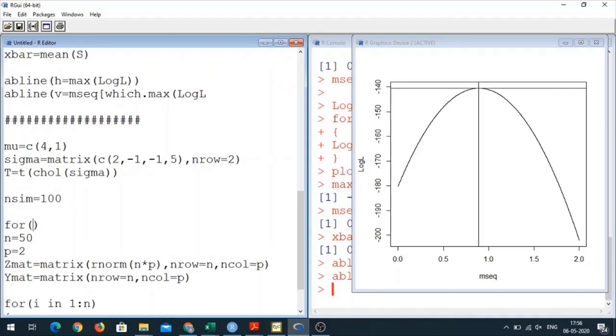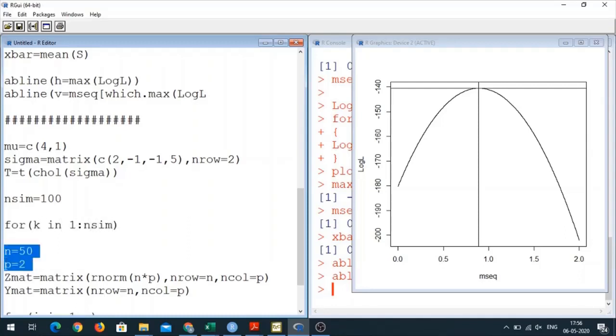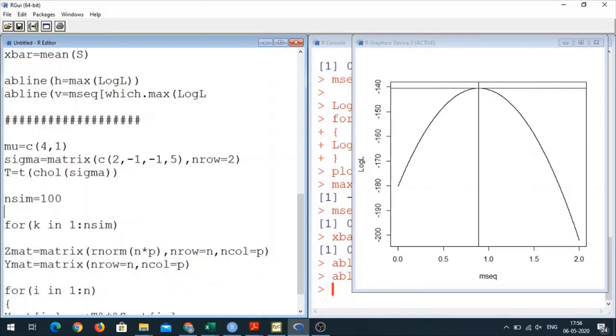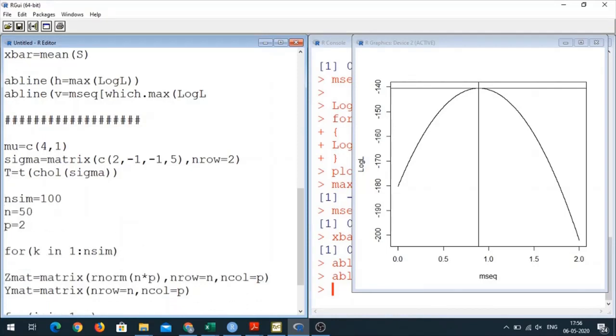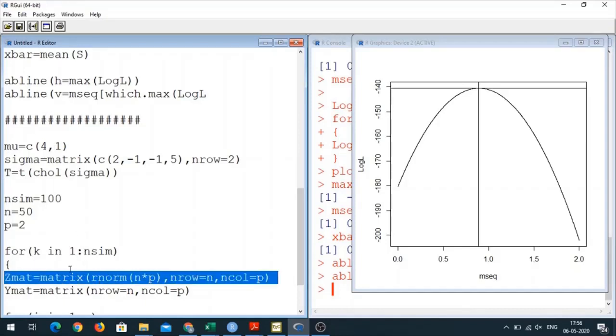So for k in 1 to n sim, this is not going to change, so I'll keep it outside. This I need to keep inside because for every sample I need new IID normal 0,1 observations. Otherwise I'll get the same sample every time. So this needs to be inside this k loop.